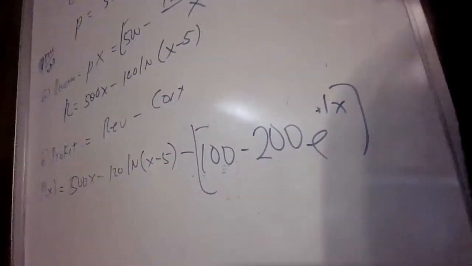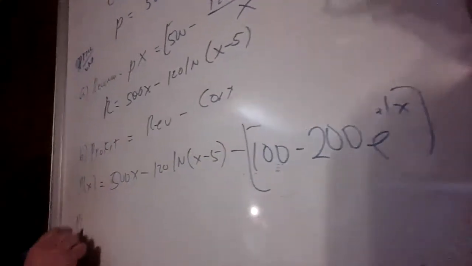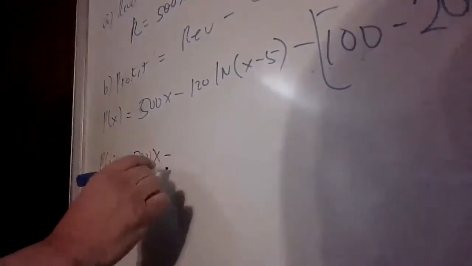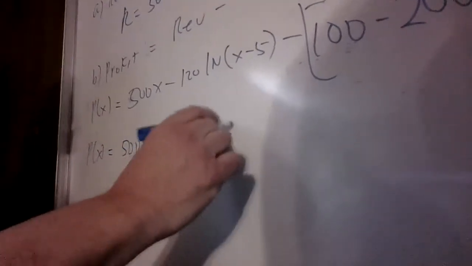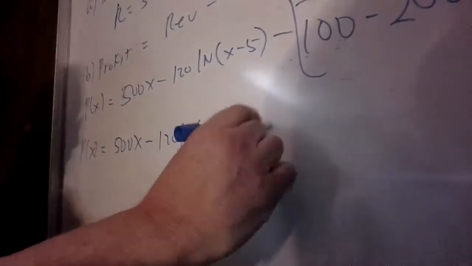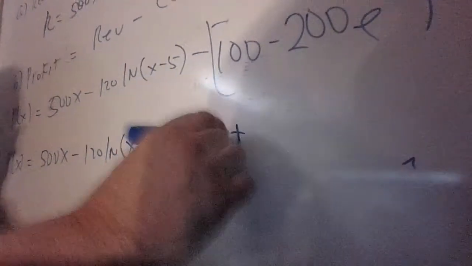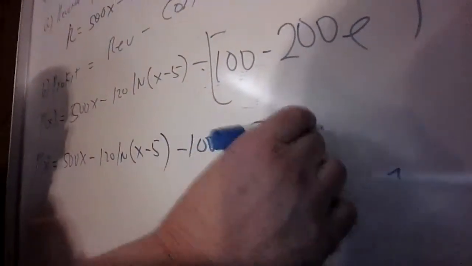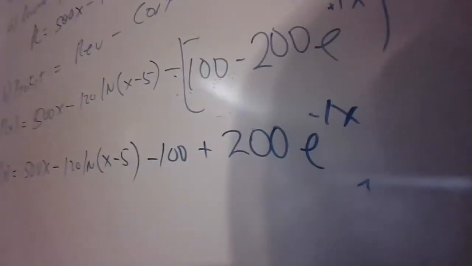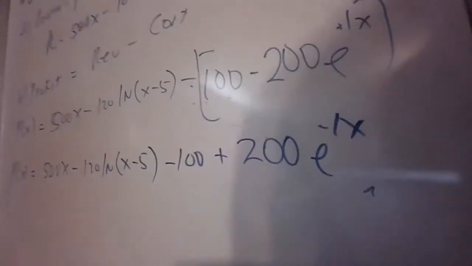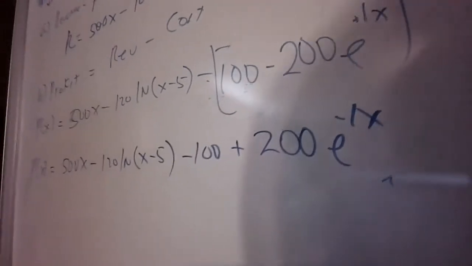Okay, so I can distribute that, and P of x becomes 500x minus 120 log of x minus 5 minus 100 plus 200 e to the 0.1x, since minus times minus is plus. Now nothing cancels. I got to take the derivative of this.